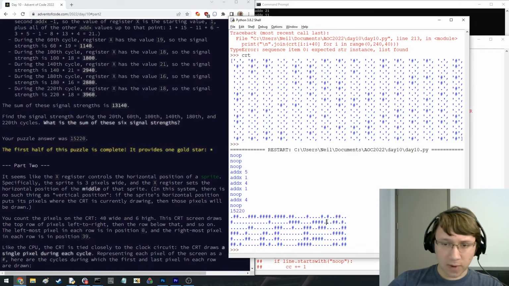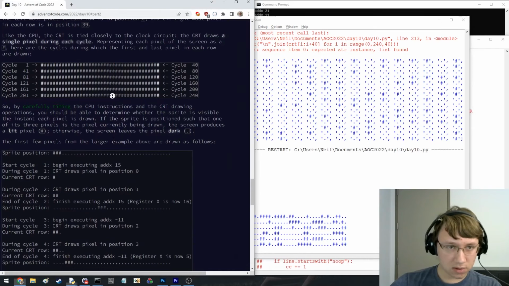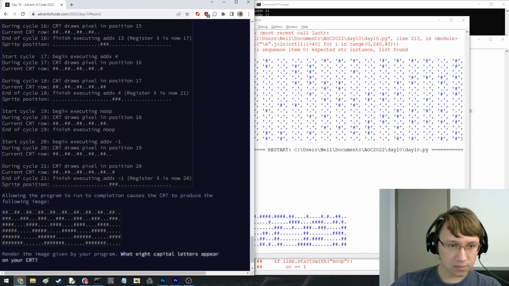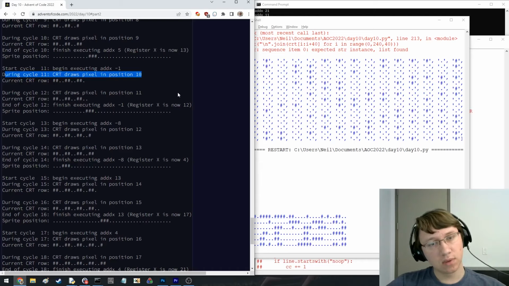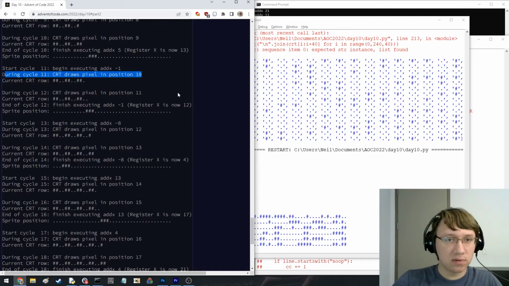Oh, it's probably an off by 1 or something. During cycle 11, start executing this, draw the pixel, finish executing. Now it's 12.